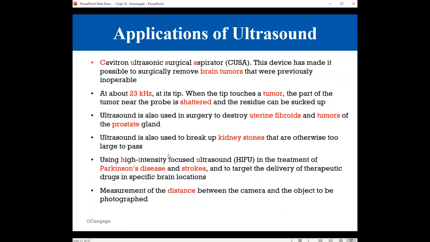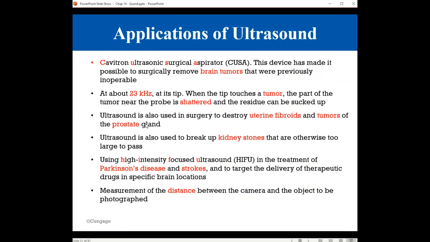There are many other exciting applications for ultrasound, like the CUSA, Cavitron Ultrasonic Surgical Aspirator. This device allows surgeons to remove brain tumors. Another application uses ultrasound at 23 kilohertz, and at the tip, it's possible to shatter the tumor into tiny pieces, which can be sucked up.